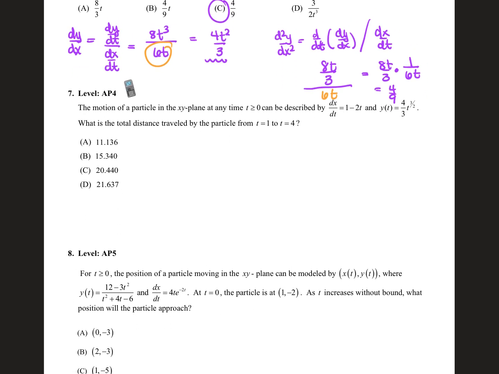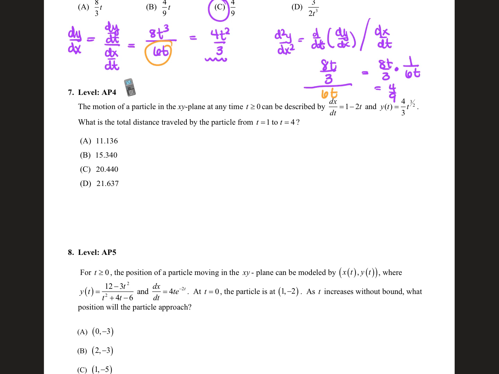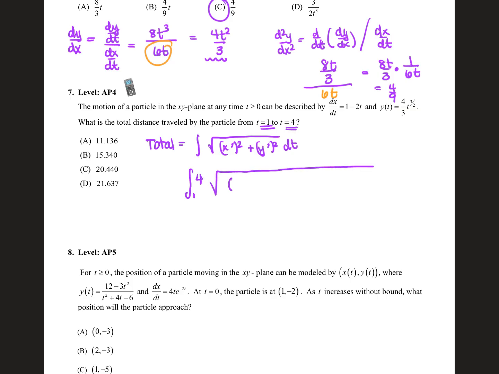Number 17 wants us to find the total distance traveled. So remember, the total distance traveled is the arc length, which is the integral of the speed. So they want to integrate from 1 to 4. X prime squared.